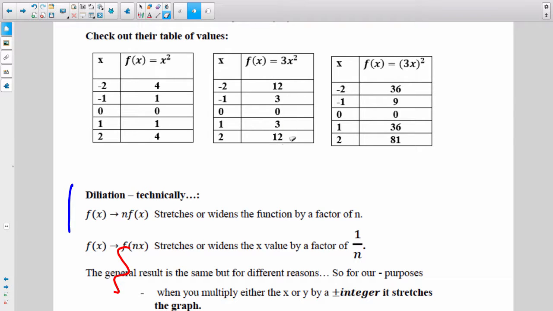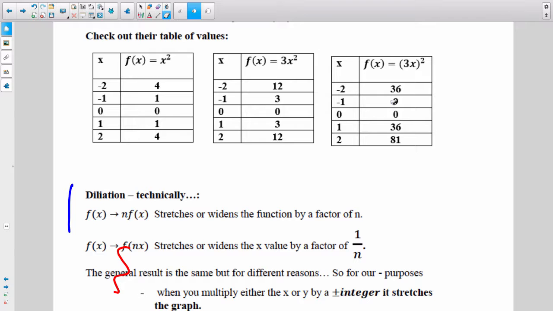It gets very large here when you have a multiplier of 3. Every answer gets multiplied by 3. But when you put the 3x in parentheses and then square it, it gets larger even faster. This is very explosive. So by using these multipliers in different forms, you go from 4 to 12 to 36, 1 to 3 to 9, and so on.